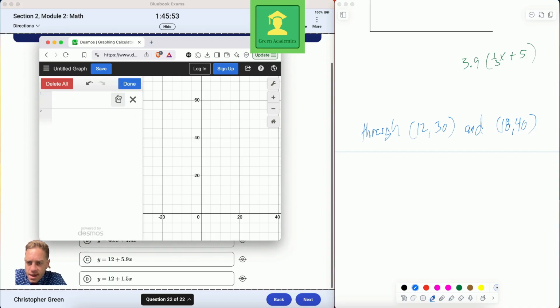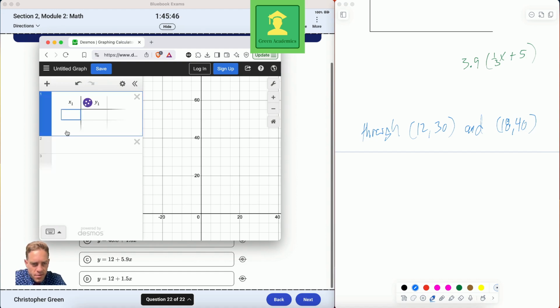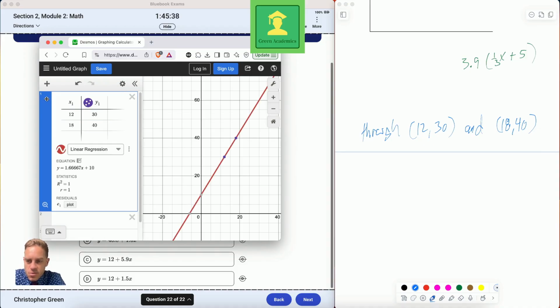So you can make a table on Desmos and get it to do the calculation for you. If I give it a table with 12, 30, and 18, 40, I can tell it to do linear regression by hitting this. Yeah. So now it gives me 1.67x plus 10. I'm just rounding it to that.